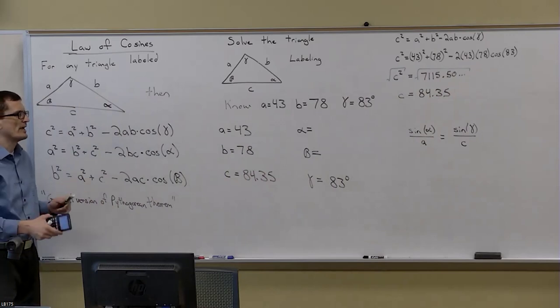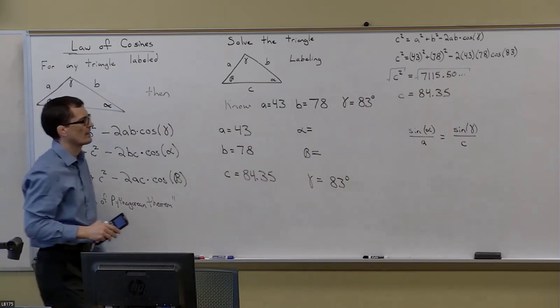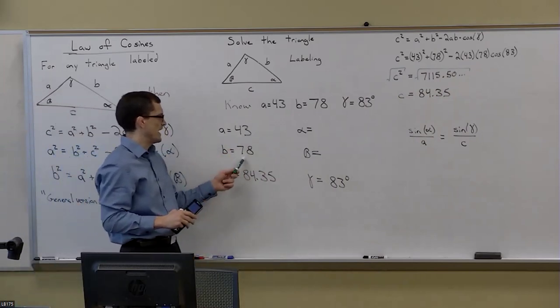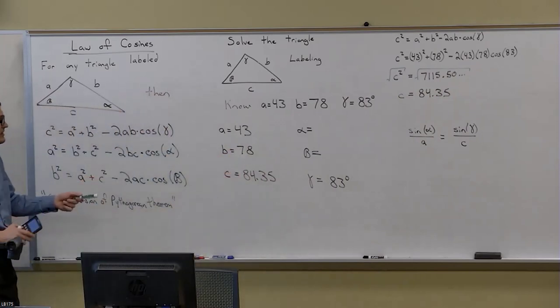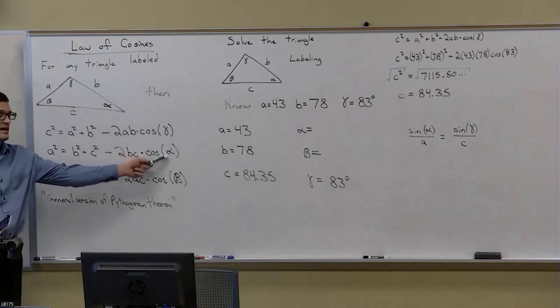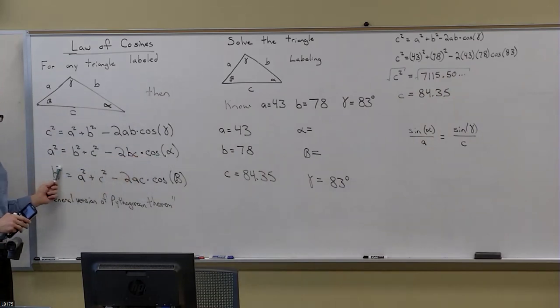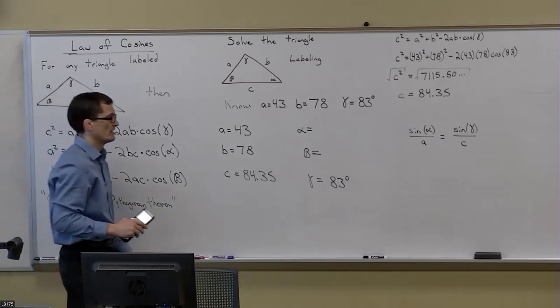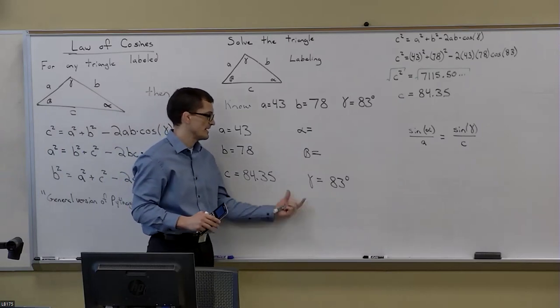And at this point, again, I have A, B, C. I technically could use that to find my alpha if I wanted to. But that's a pretty messy equation to use. I like using the law of sines better, if I can stand it.